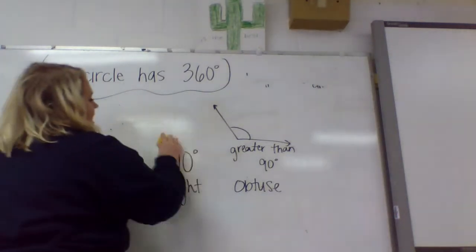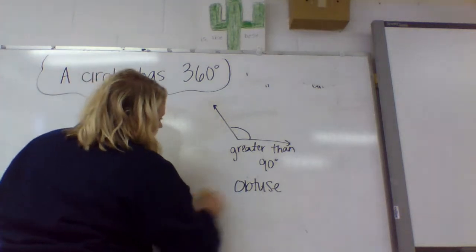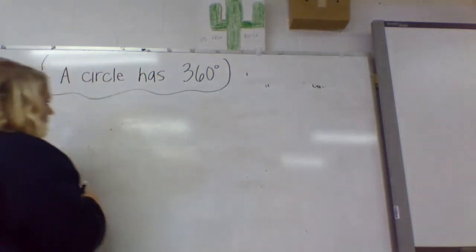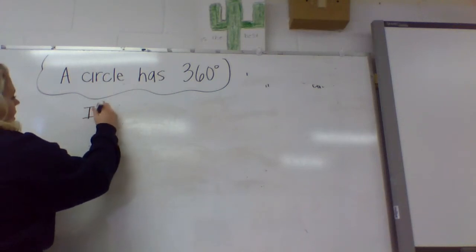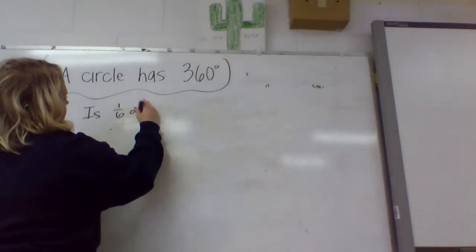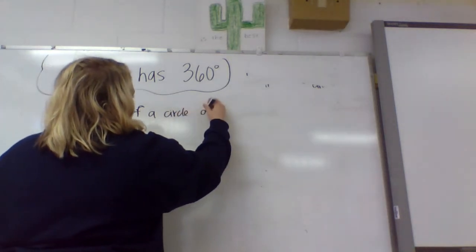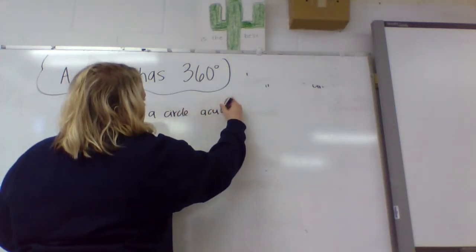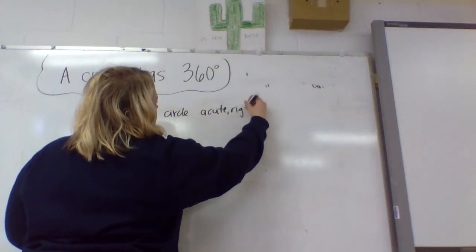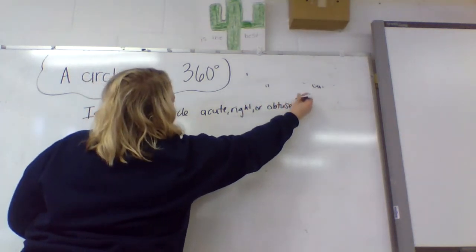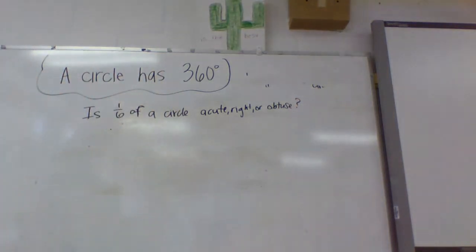What if I said, is 1/6 of a circle acute, right, or obtuse? Is an angle made by 1/6 of a circle acute, right, or obtuse?